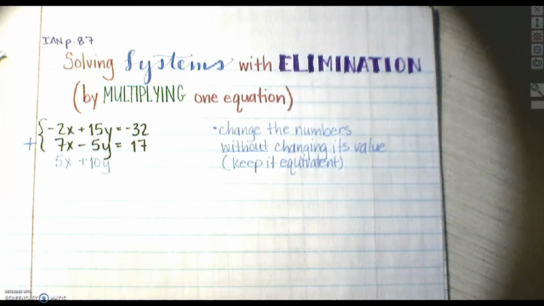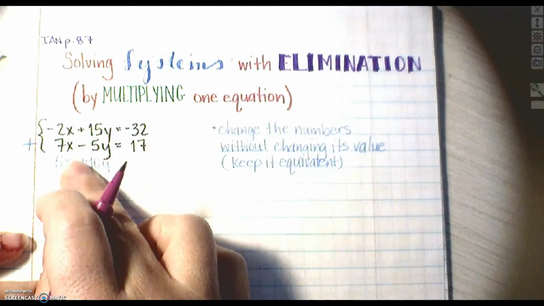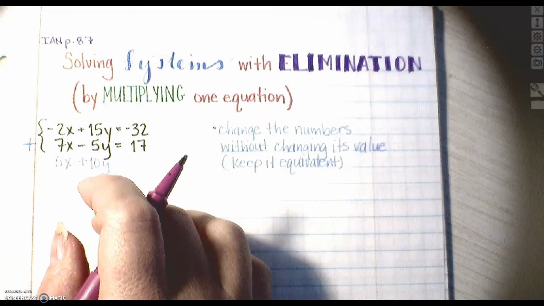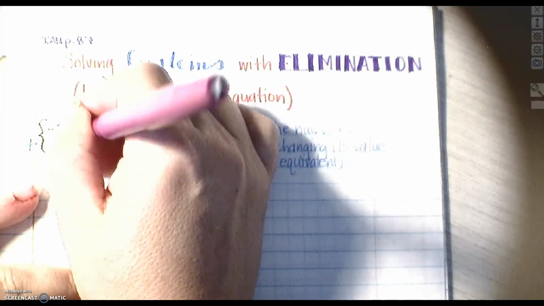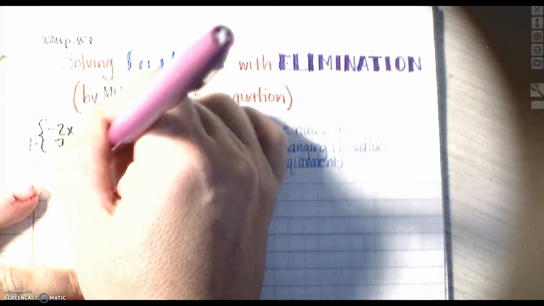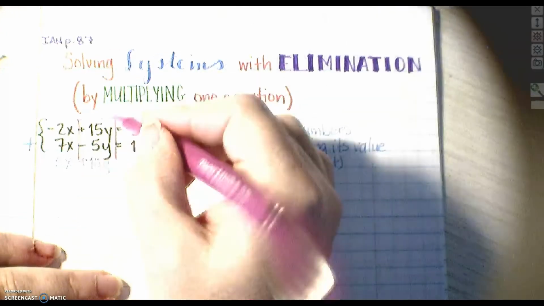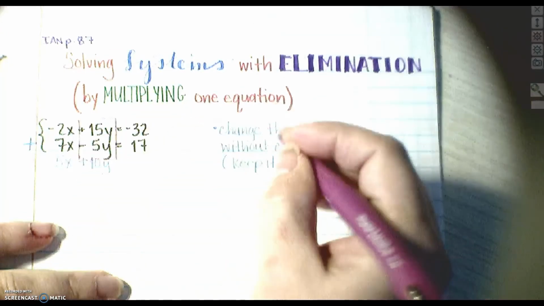In other words, I need to make one of these variables, the x or the y, cancel out. So let's just look, for example, at these two y coefficients, positive 15 and negative 5. Like I said, if I add them together, they don't equal 0, they equal 10y.